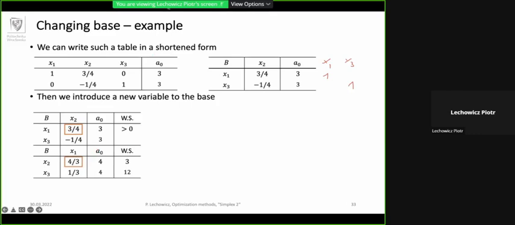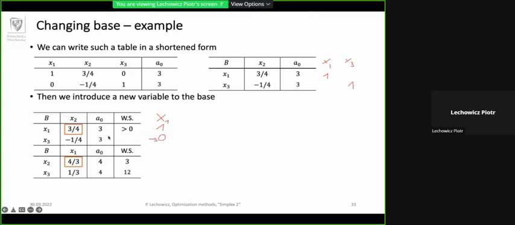So if you would write this in extended form, here we have x1. The value for x1 is 1 divided by 3 divided by 4, so it's 4/3. Here we have 0. So this value is equal to this value divided by minus this value, because according to this rectangular rule, it's equal to 0 minus 1 multiplied by minus 1/4.